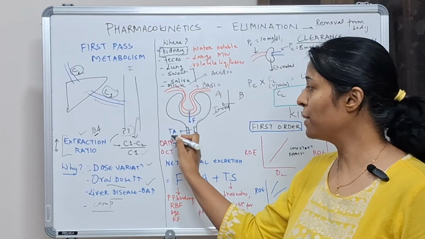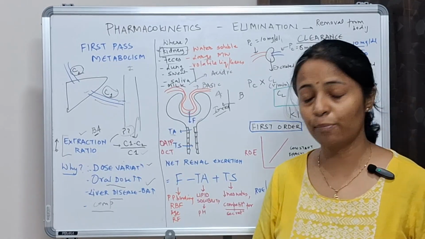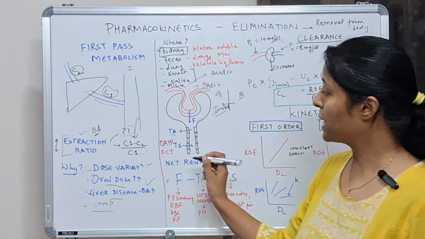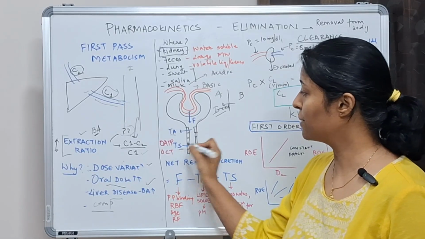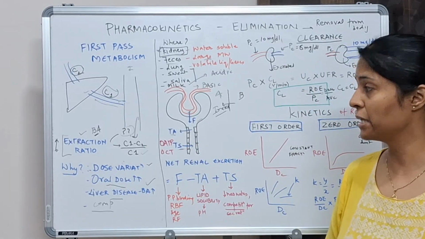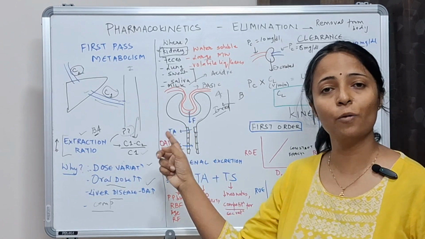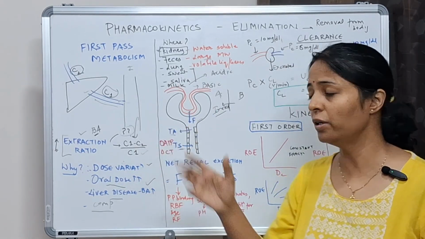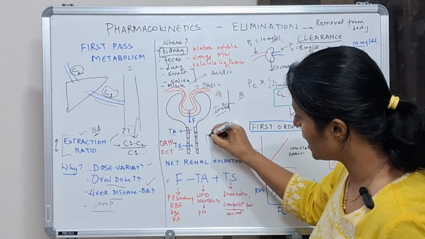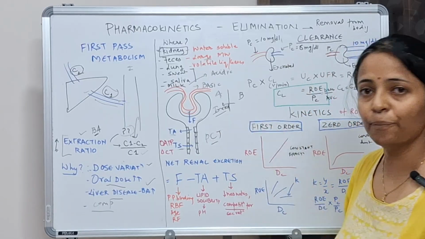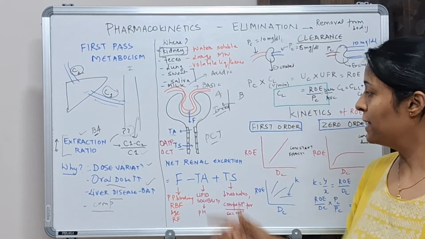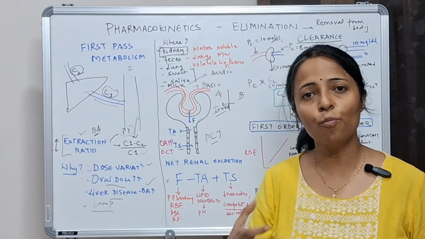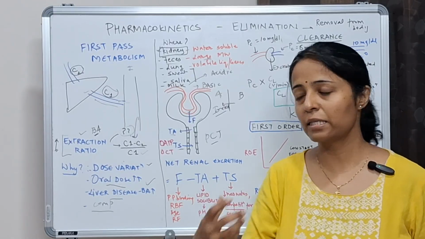Then some of it may be reabsorbed, that is tubular absorption, and there may be mechanisms by which it can be secreted, that is tubular secretion. Tubular absorption removes the drug from the tubules, and this is happening at the level of the PCT.